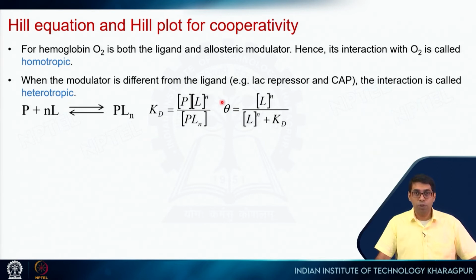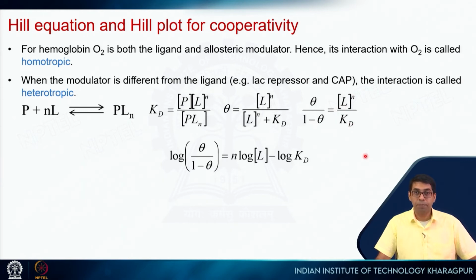And then this will also change our saturation equation like this, where we replace L with L to the power N, and this is Kd. So now if I subtract 1 from this and then divide it by 1 minus theta, I can change this equation to look something like this. So theta by 1 minus theta equals L to the power N divided by Kd.